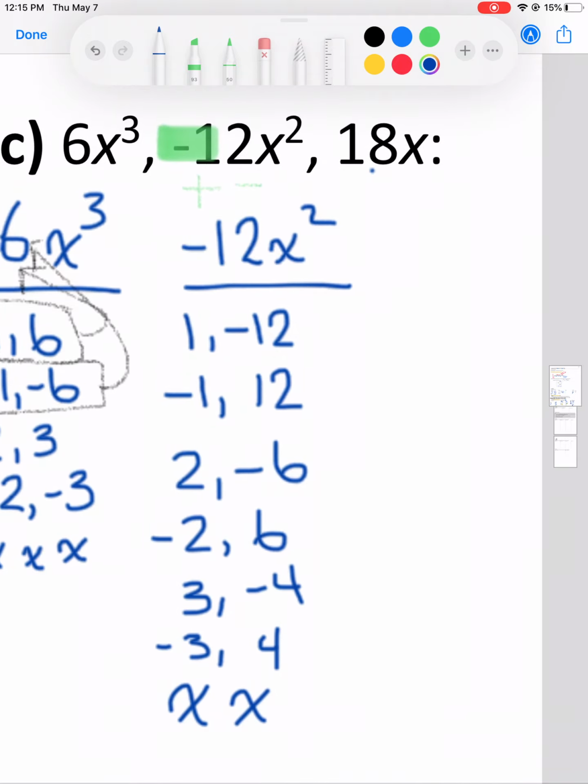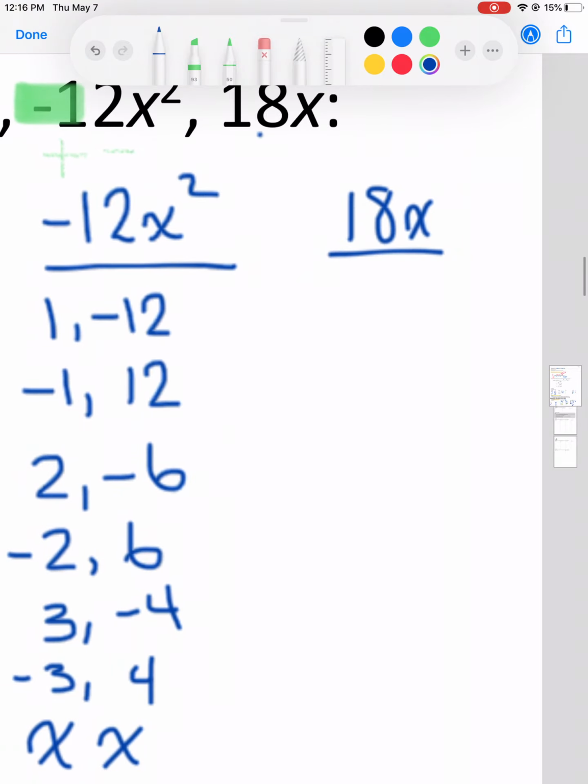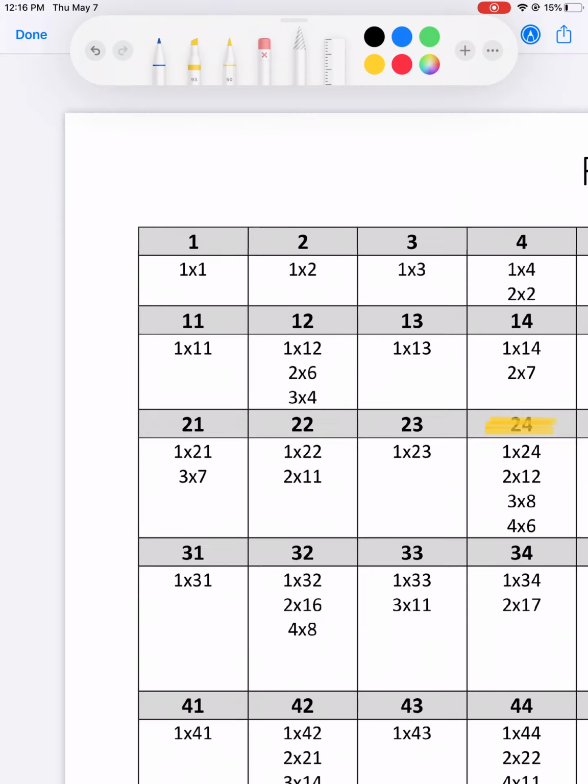Okay, now we have 18x. We have to do our negatives. And again, you'll see why later. Just trust me on this. What are my factors for 18? Some of you might already know.